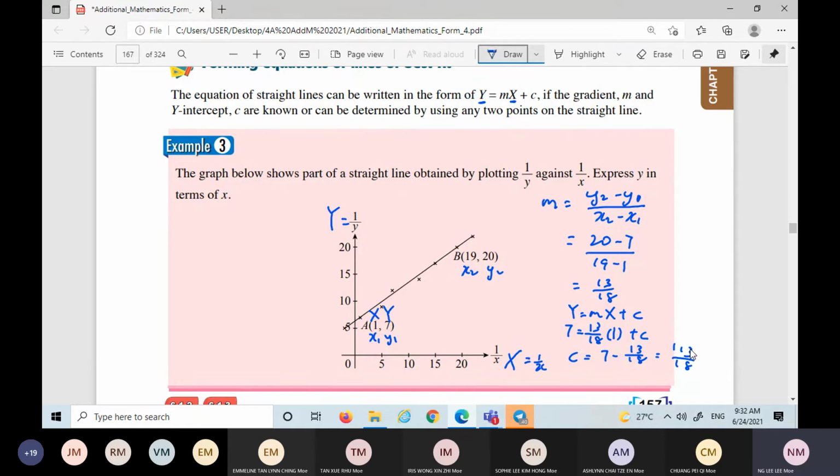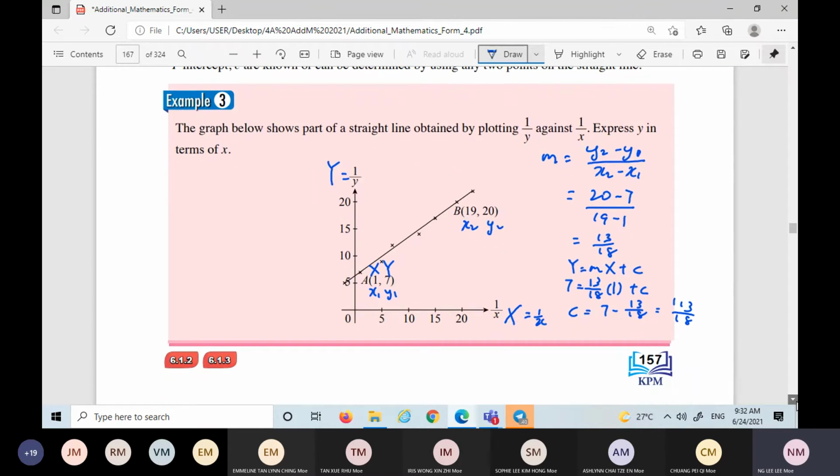Let me try. 7 minus... Okay, correct. If you use this other pair of x and y values, you'll also get the same thing.